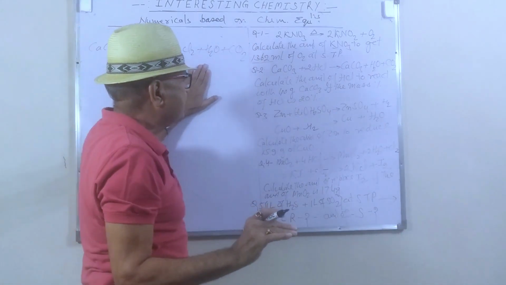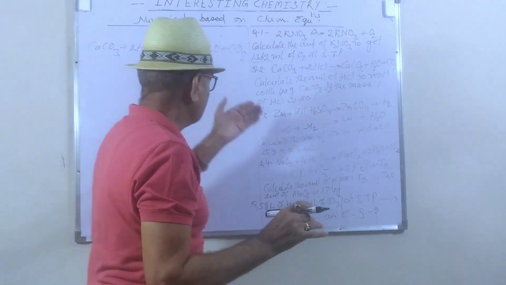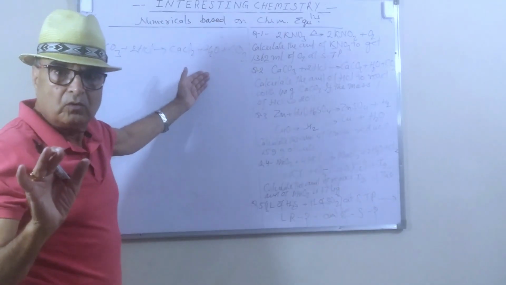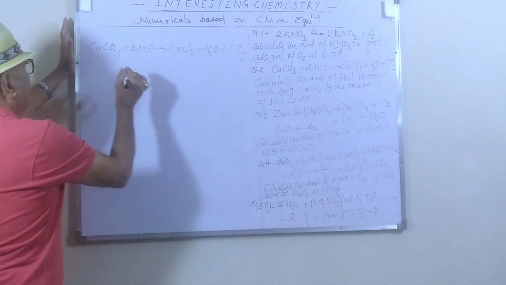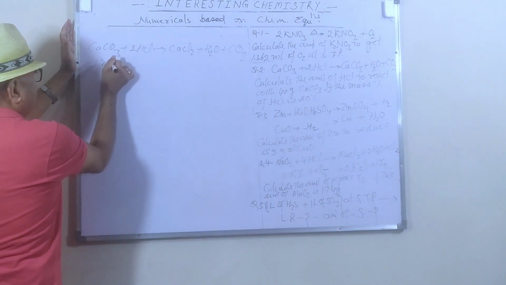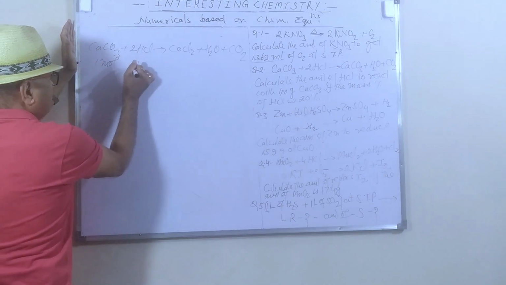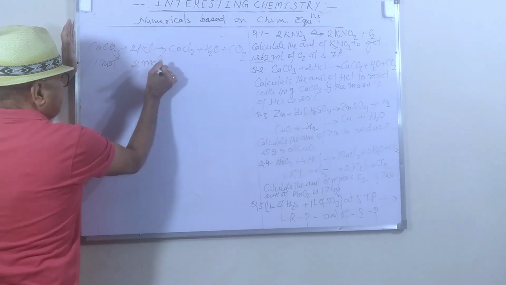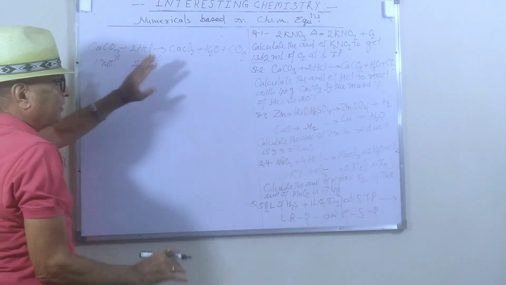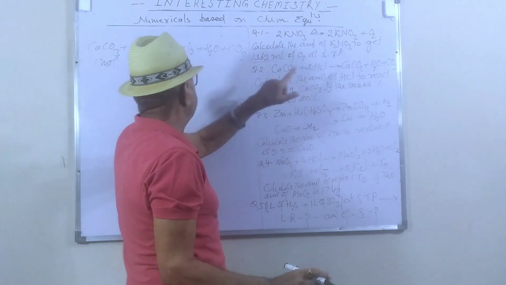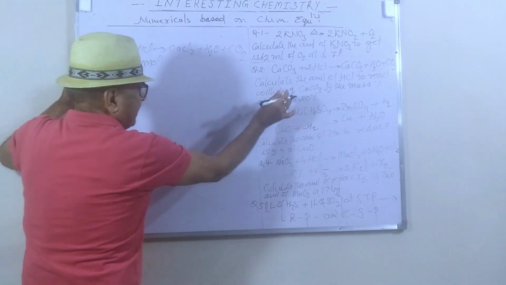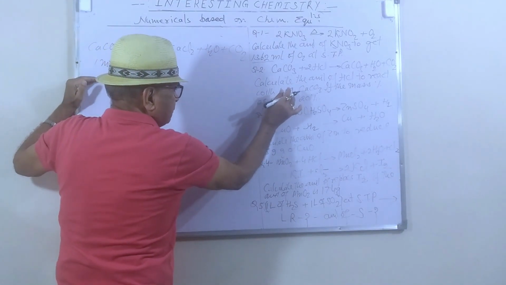Now find out the stoichiometry of this equation. Here 1 mole of CaCO3 reacts with 2 mole of HCl. Here only your HCl and calcium carbonate. So again the amount of calcium carbonate is 40.